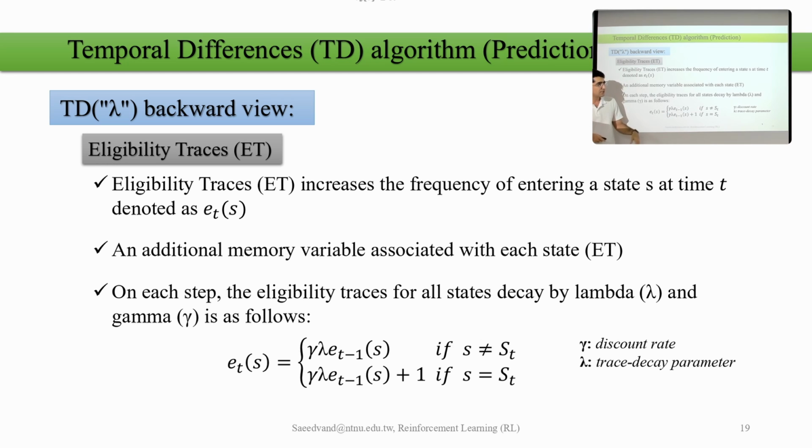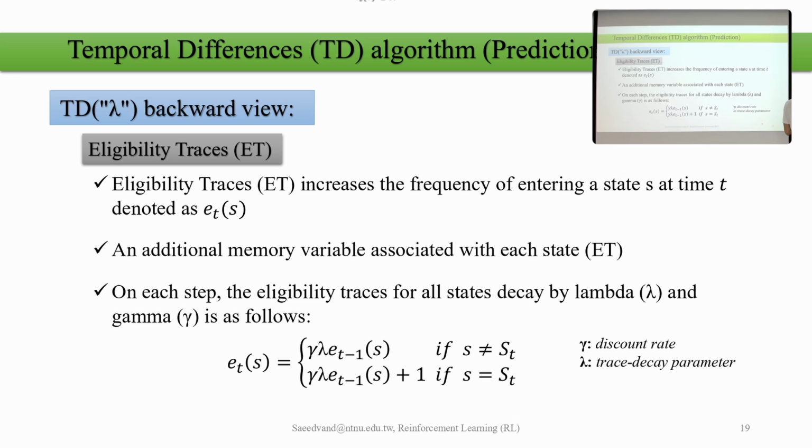But lambda is the trace decay parameter. It says, okay, how much impact should I transmit to the previous ones? How much impact should I give?